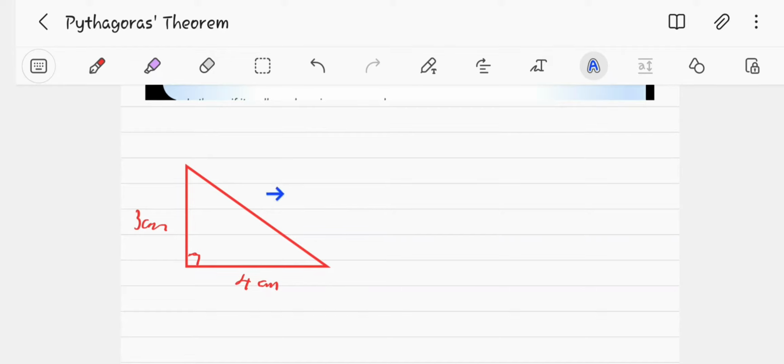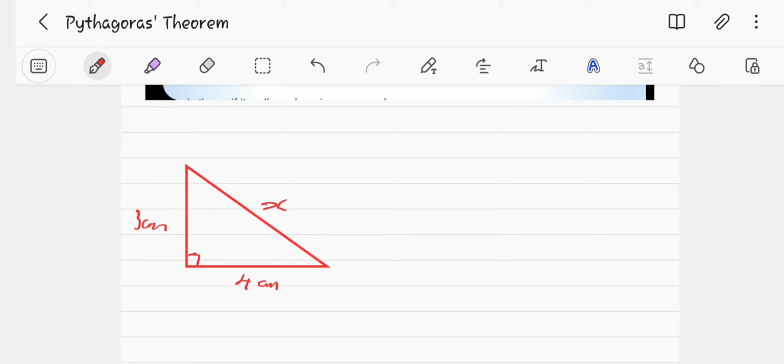All right, so let's imagine that we have our triangle right here, and we have one side being 3 centimeters and the other side being 4 centimeters. And we're now told to find x, which in this case is our hypotenuse.